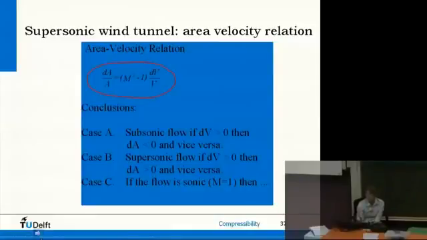The other way around, if the area decreases, so if dA is negative, it becomes smaller, then your velocity becomes larger. That is correct, right? Even for low speed flow, we have V times A is constant. So if V goes up, A goes down, and the other way around. So that we knew sort of.